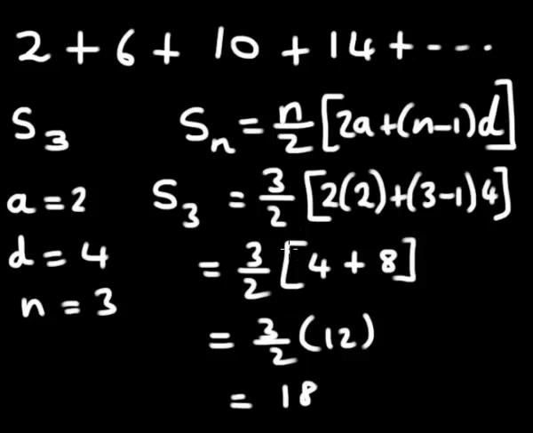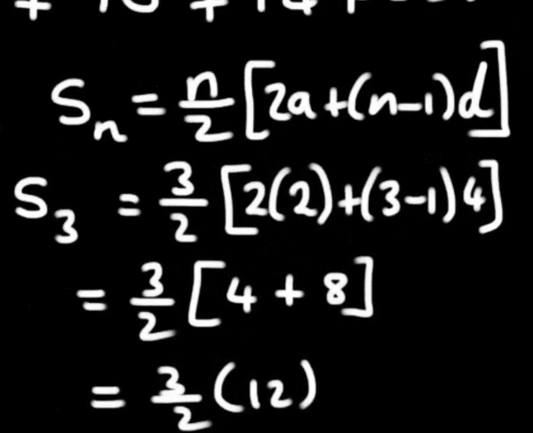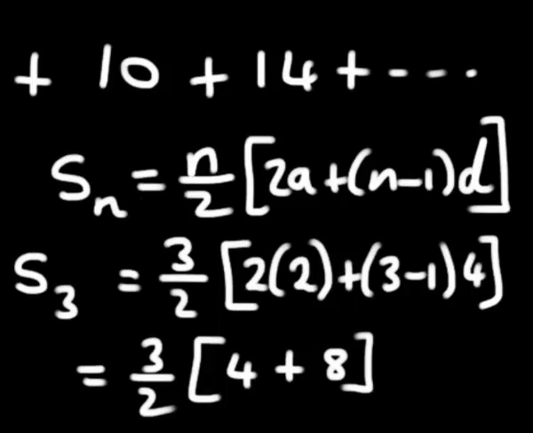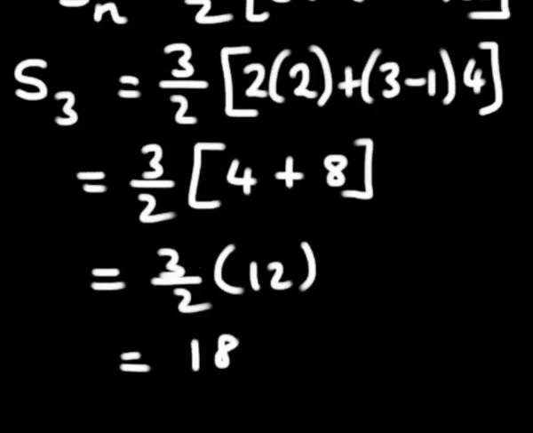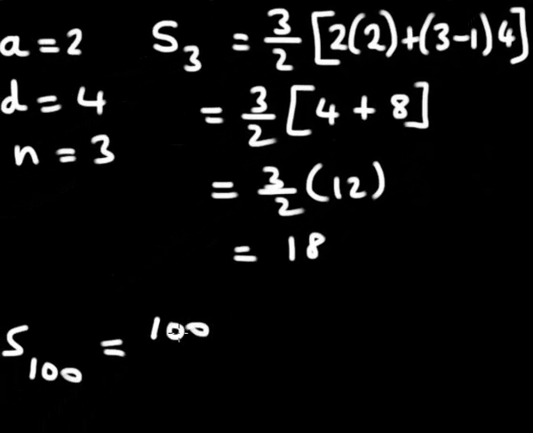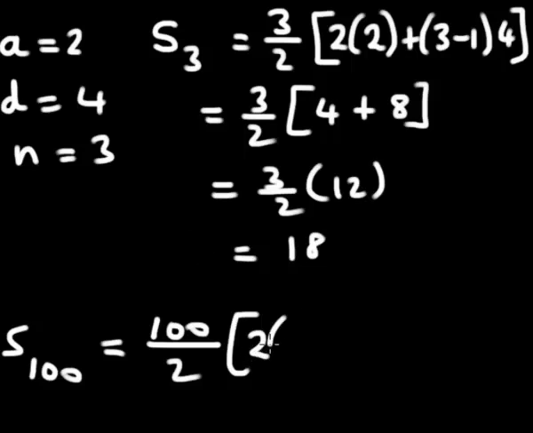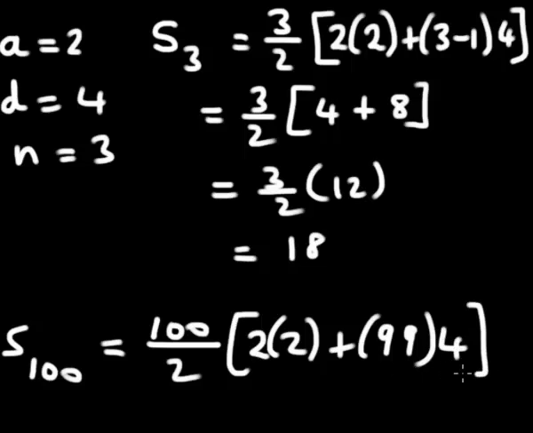So now we're in a position to work out the sum of the first 100 terms. Let's have a look at our formula. It would be quite difficult to do this by hand because you would have to expand it 100 times. So it's going to be 100 over 2, n over 2, (2a, which is 2, plus 100 minus 1, which is 99, multiplied by the d).